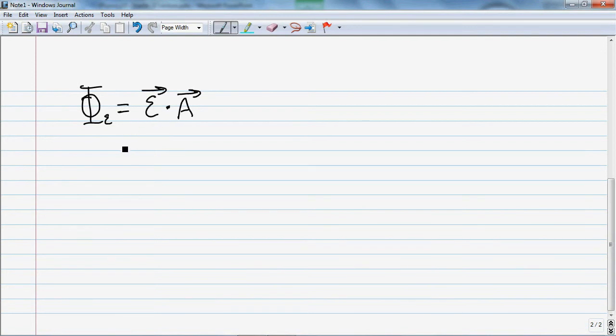Since this is a scalar, I can come up with a formula for just the scalar, and that's the magnitude of the E vector times the magnitude of the A vector. Now remember that we said it was a maximum when the angle was 0. Since we're dealing with something rotational, the one trigonometric function that gives us a 1 at 0 degrees is the cosine of theta.